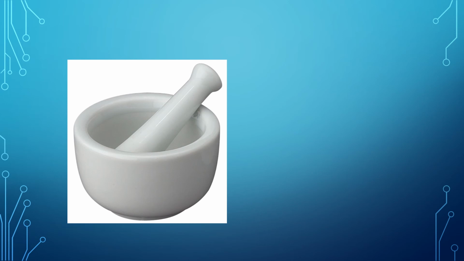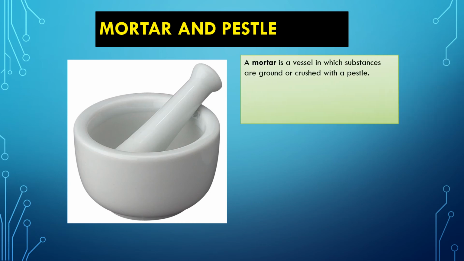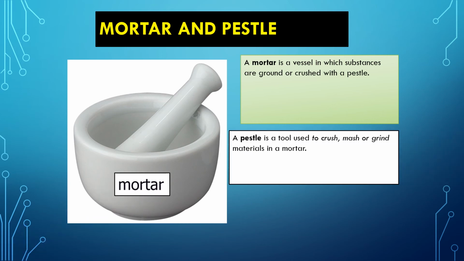So what about this one? What is the name? It is mortar and pestle. What is a mortar? A mortar is a vessel in which substances are ground or crushed with a pestle. So this one is the mortar. What about the pestle?